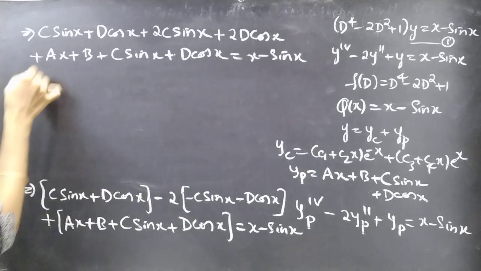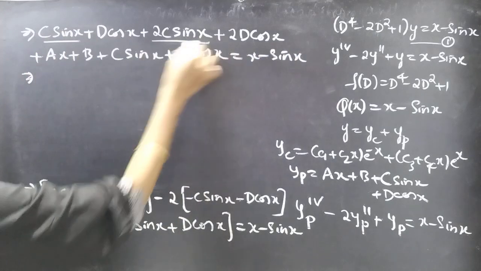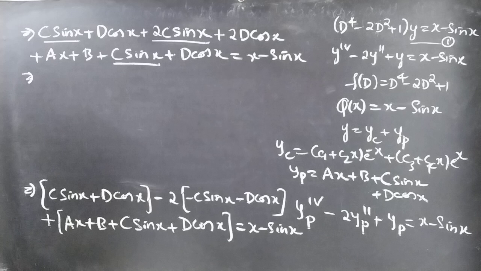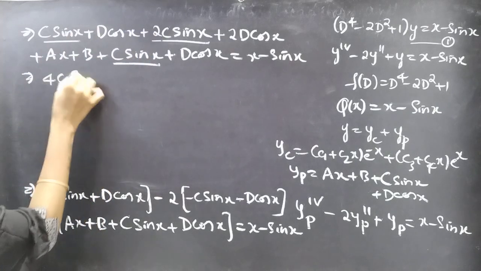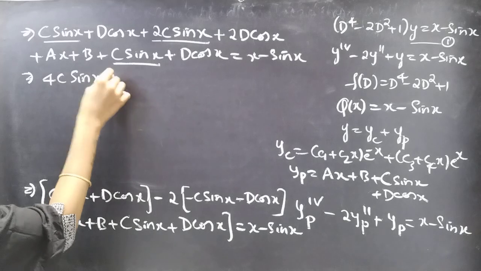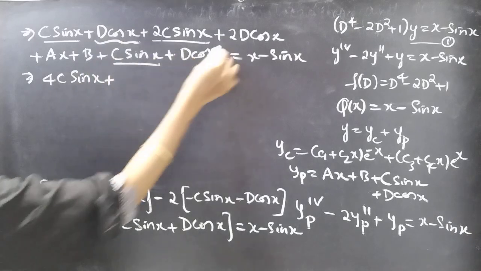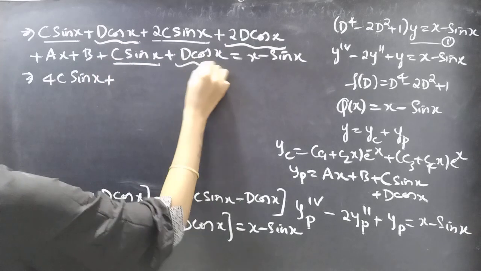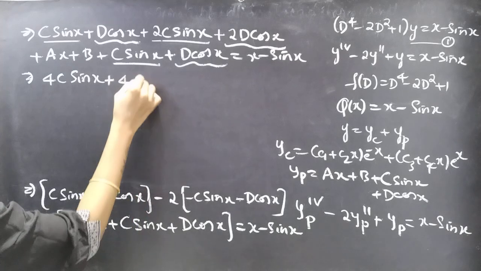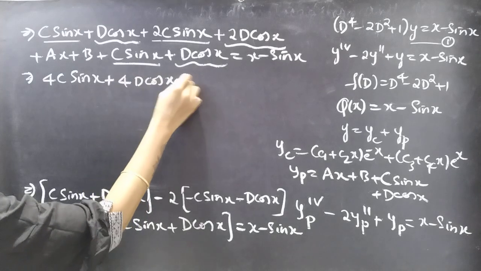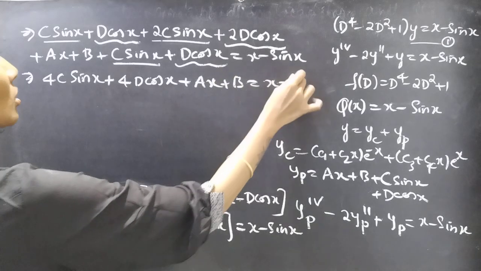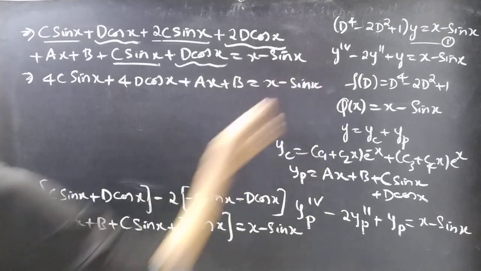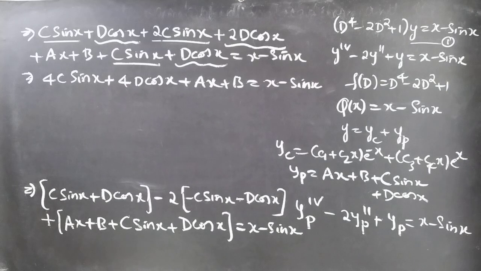So here we are having c sin x plus 2c sin x plus c sin x, which gives us c plus 2c plus c, 4c sin x. Now coming to cos x, d cos x plus 2d cos x plus d cos x gives 4d cos x. The remaining terms ax plus b equal to x minus sin x. Now just equate the coefficients of like terms.